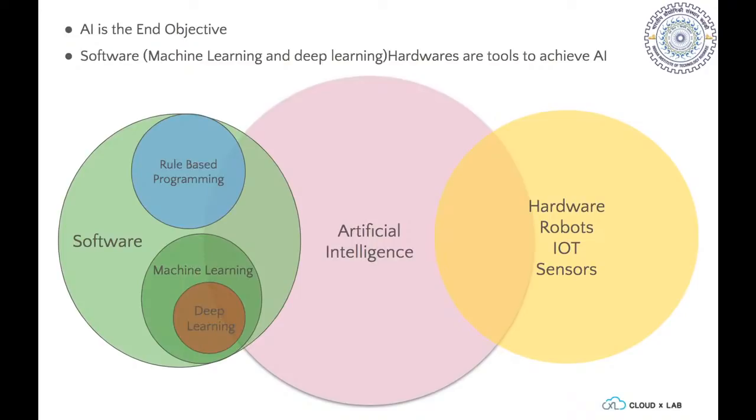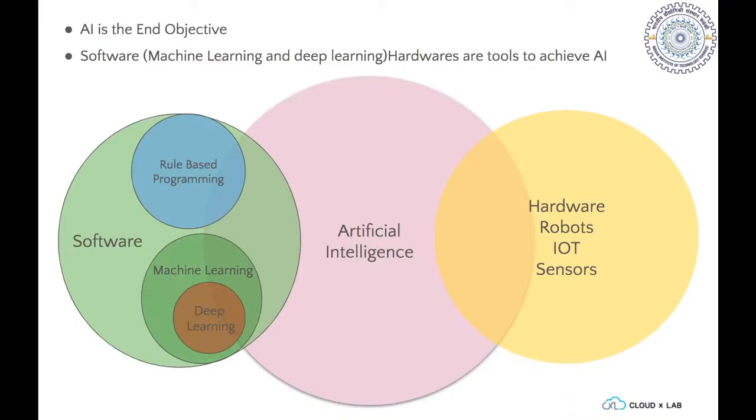And on the other hand, we have software. Software is of 2 forms. One, coded by people, rules created by the people. And the second one is the rules inferred based on the data by the machines. We call that machine learning. Now, machine learning has a subcategory under it. It's called deep learning.